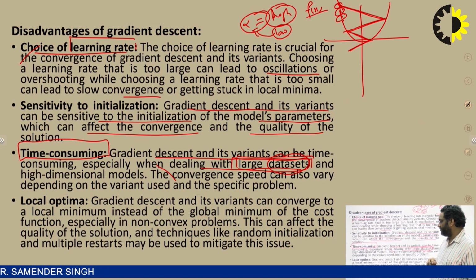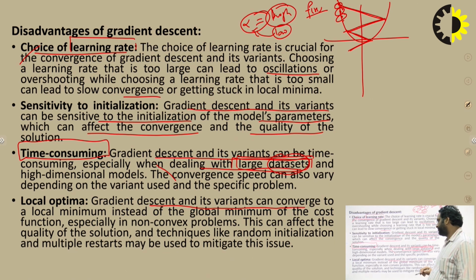Next is local optima. Gradient descent and its variants can converge to a local minimum instead of the global minimum of the cost function, especially in non-convex problems. This can affect the quality of the solution, and techniques like random initialization and multiple restarts may be used to mitigate this issue. As this diagram shows, we can easily find this may be the minimum point.